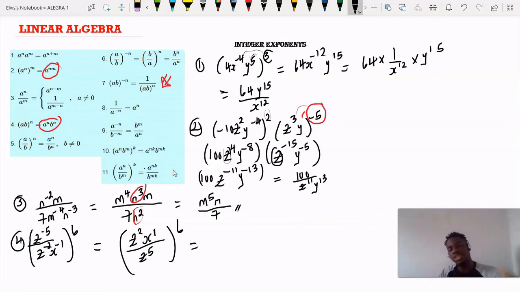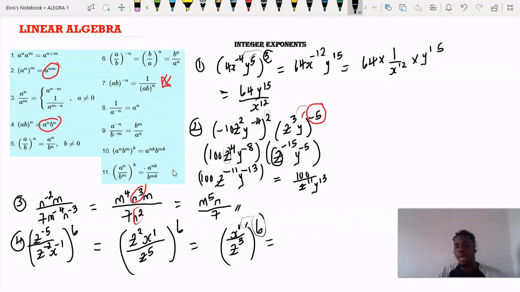Okay, so we're going to place this on the denominator. So this is, sorry guys, not z. This is s raised to the power of 1. Then divide z raised to the power of 3. Then all raised to the power of 6. We are going to take the exponent, which is 6. We are going to multiply this exponent with the value inside the parentheses.